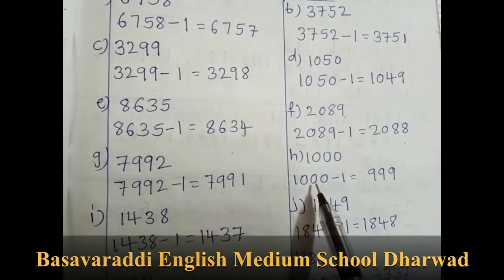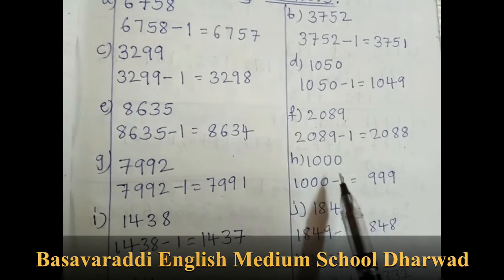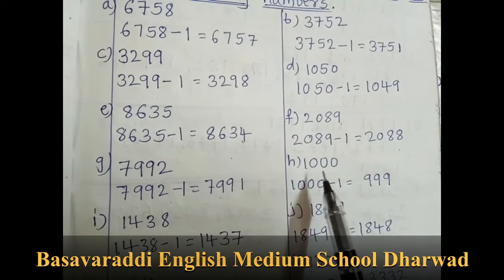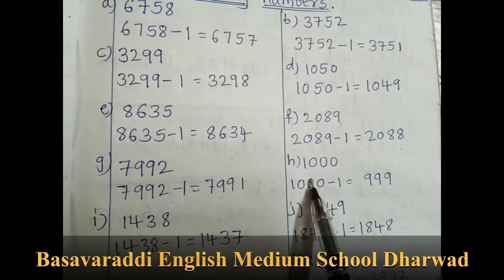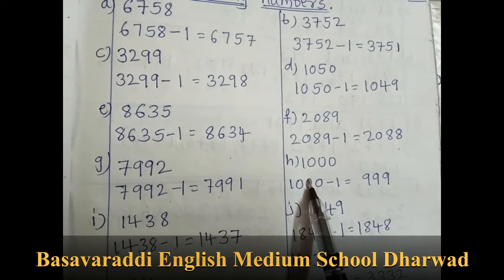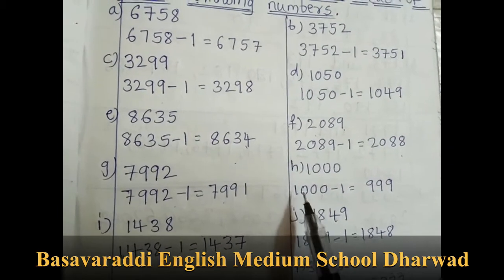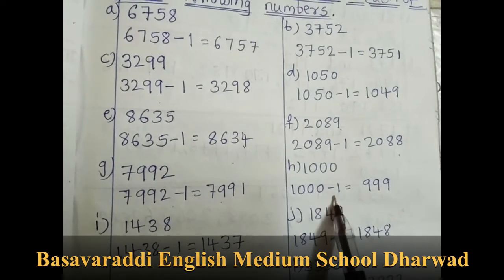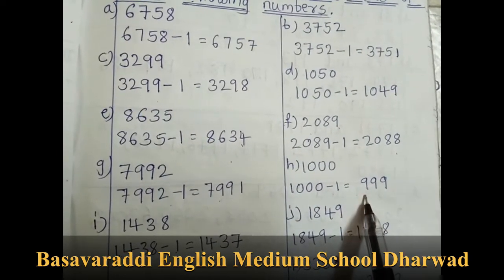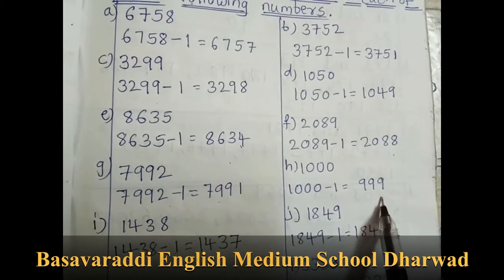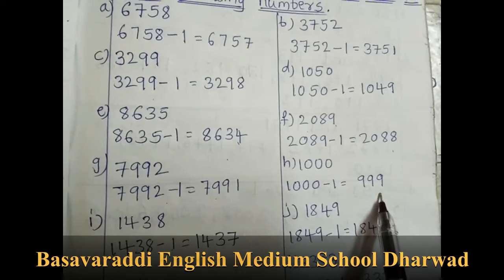1000, what is the predecessor? We have to subtract 1, that comes just before that number. So 1000, we subtract 1, we get 999. The predecessor is 999.